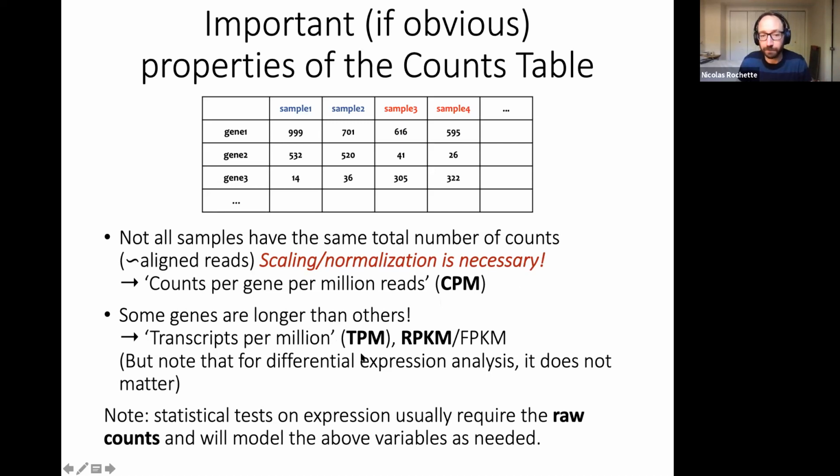the gene lengths, and this allows us to get either RPKMs or FPKMs, which are similar, just for single-end and paired-end reads. But the most common value is TPM.